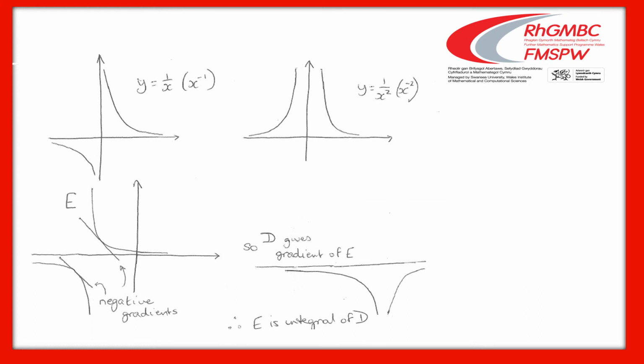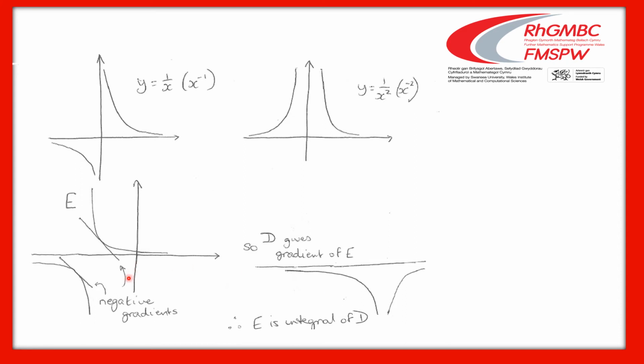A quick recap here of the 1 over x, or x to the minus 1, graph, and also the x to the minus 2, or 1 over x squared, graph. And we can see that the E graph looks like x to the minus 1, and D looks like an x to the minus 2, but it's negative. Being that reflection in the x-axis, it's minus x to the minus 2.